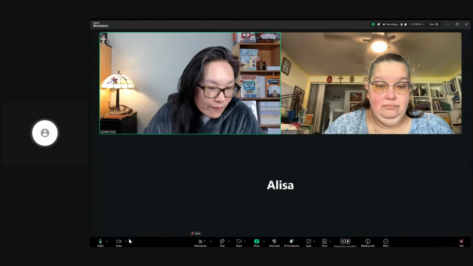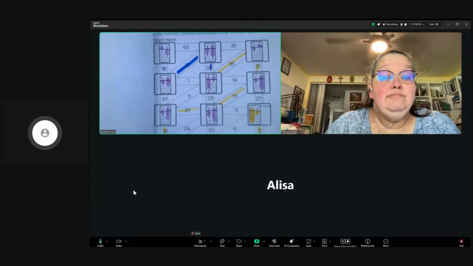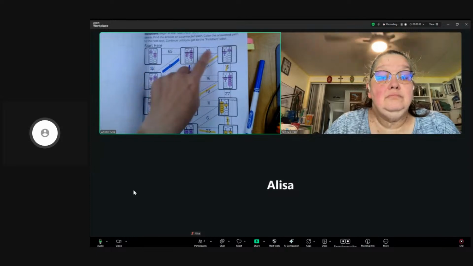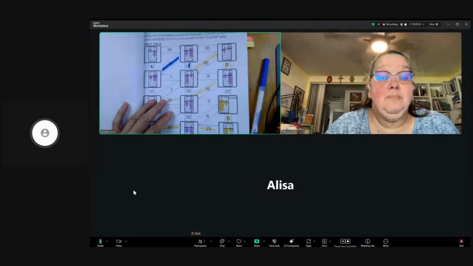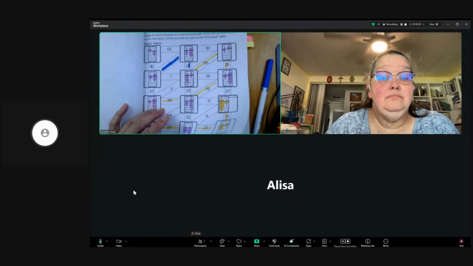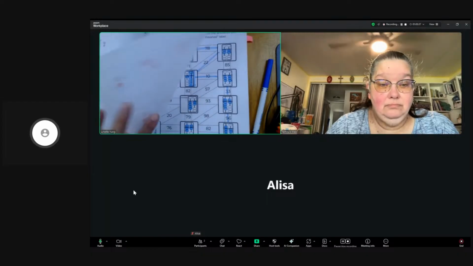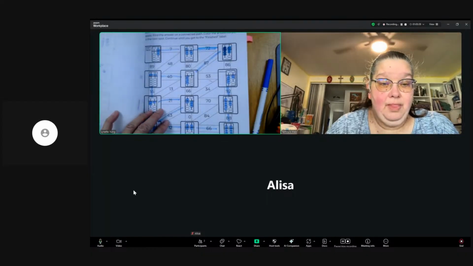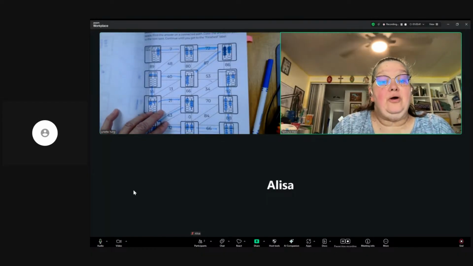When I first did this with her, it took her about an hour to understand this problem. I've been sitting with her for about 3 or 4 sessions now, and now we can do this within 10 to 15 minutes. So the improvement, yeah.